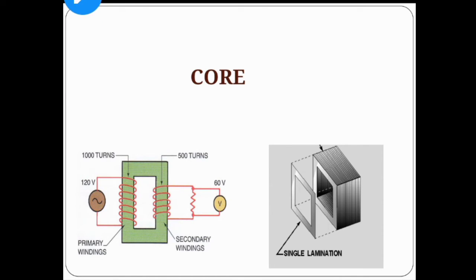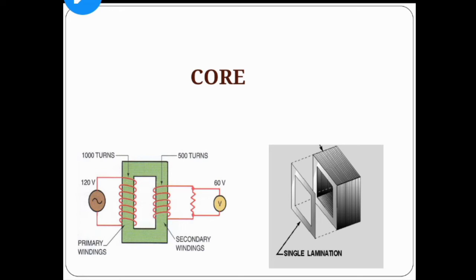In the transformer, the basic material used for the core is silicon steel. This green colored area is called the core, and the core is made with silicon steel.